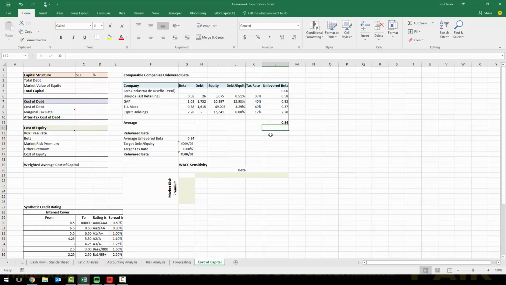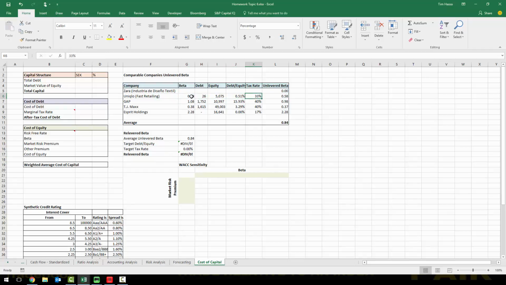This approach looks at a few comparable companies, the ones that you probably would have selected in week 1, and you estimate the beta for these companies. You then unlever them in order to adjust for their leverage, and that will give you the average unlevered beta. Once you have the unlevered beta, you can apply your own capital structure and your own tax rate to get the beta estimate for your own company, and that's what we're going to be doing here.